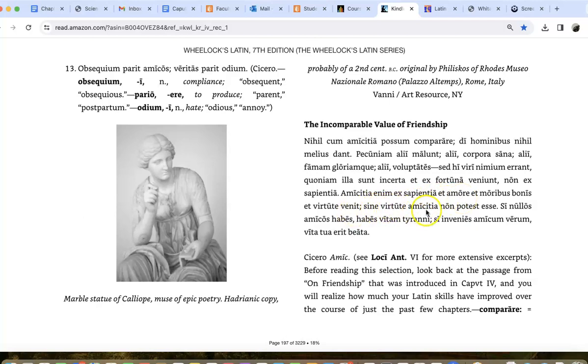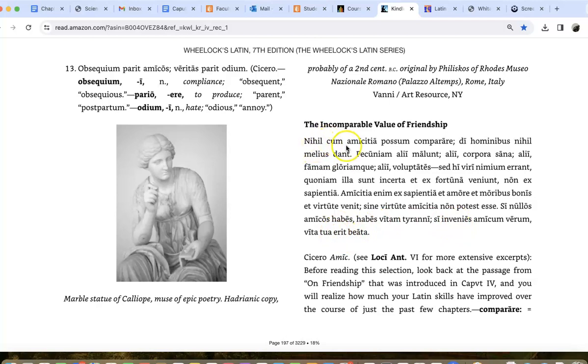Sine virtute amicitia non potest esse. Si nullos amicos habes, habes vitam tyranni. Si invenies amicum verum, vita tua erit beata. If you find a true friend, your life will be happy.